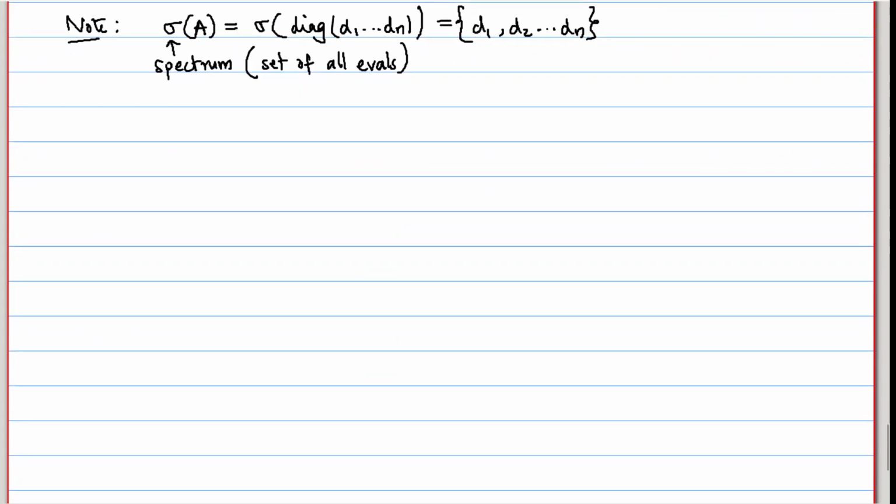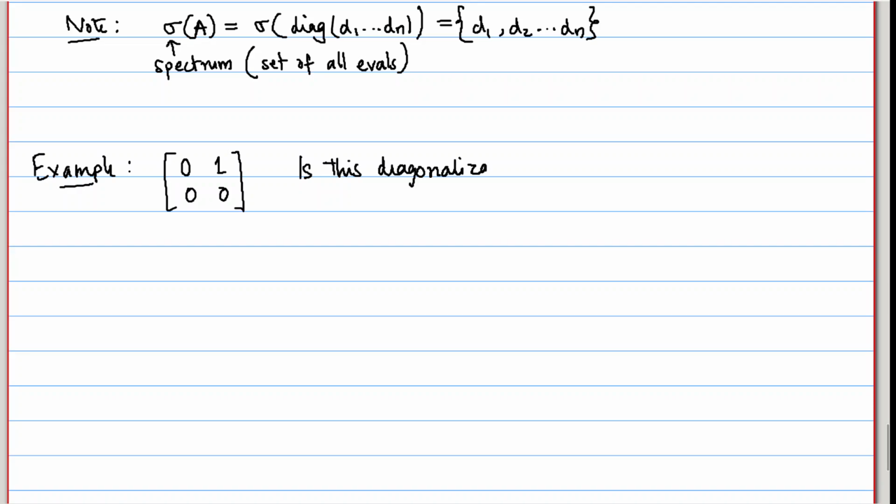Let's look at a few examples to clarify the idea. Look at this matrix 0, 1, 0, 0. Is this diagonalizable? Give it a try. Let's see how to proceed.